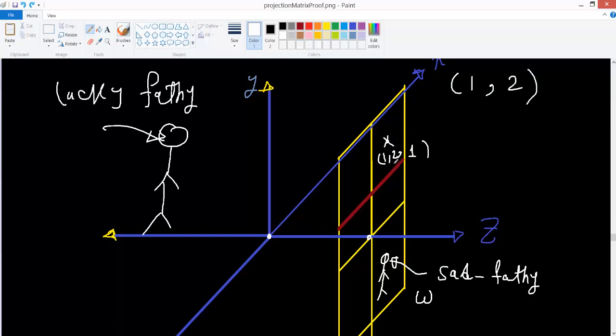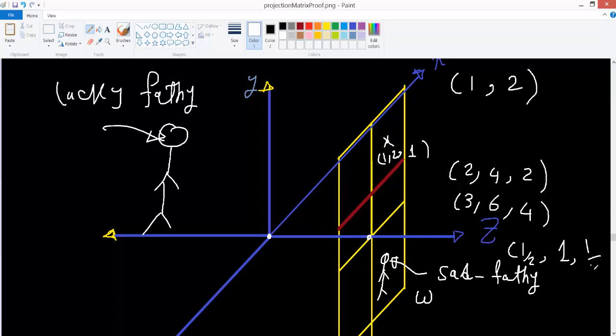In order to know this, let's get some examples of some homogeneous coordinates of this same point. Let's have, for example, 2, 4, 2. Let's have 3, 6, 4. And also let's have 1 half, 1 and 1 half. So all these points, when divided by their W component, will correspond to the same value of 1, 2. So these are homogeneous coordinates of this same point.